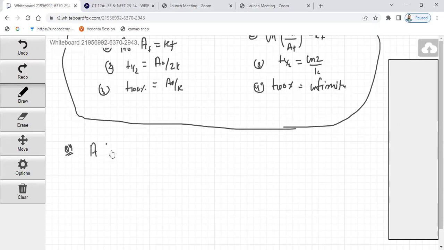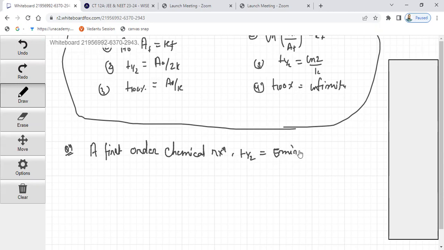A first order chemical reaction has a T half value equal to 5 minutes.